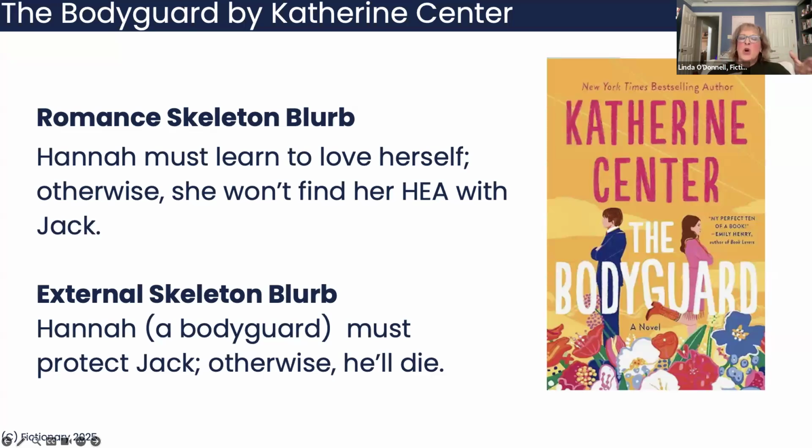So Hannah never knows whether he's being sincere when he says he's interested in her. Does he like her? Is he just playing her? By keeping it in just Hannah's point of view, the reader only knows what Hannah knows. And so it creates this additional tension because as the reader, we don't know if Jack's being sincere. So her strategy was to keep the reader in the dark as much as Hannah is.